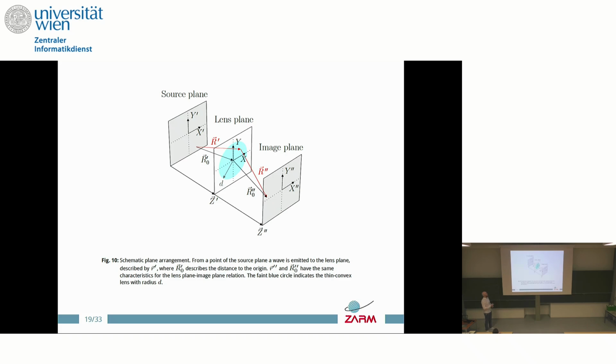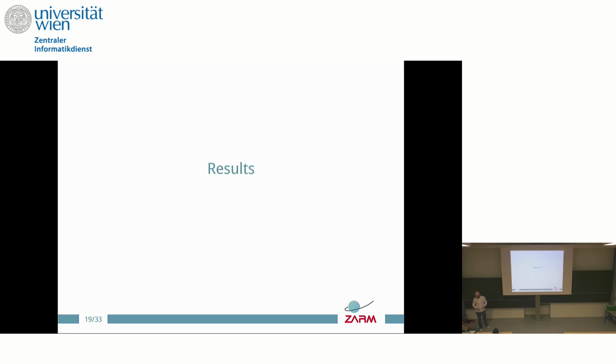So we can just measure the lens plane, take the Fourier transformation of it, and then we have the information which we want to have on the image plane. This is everything we have to do in this case.